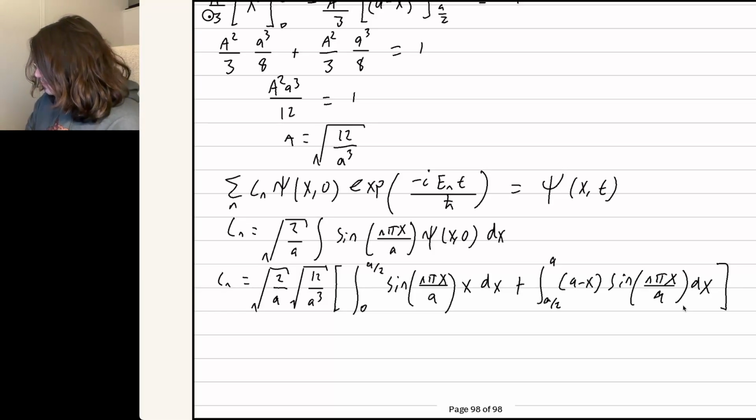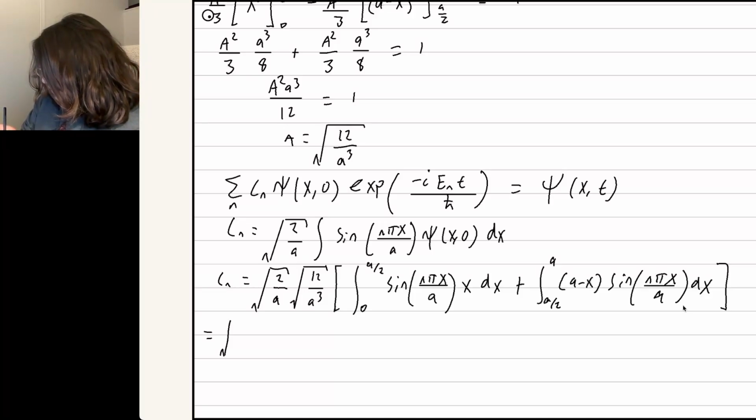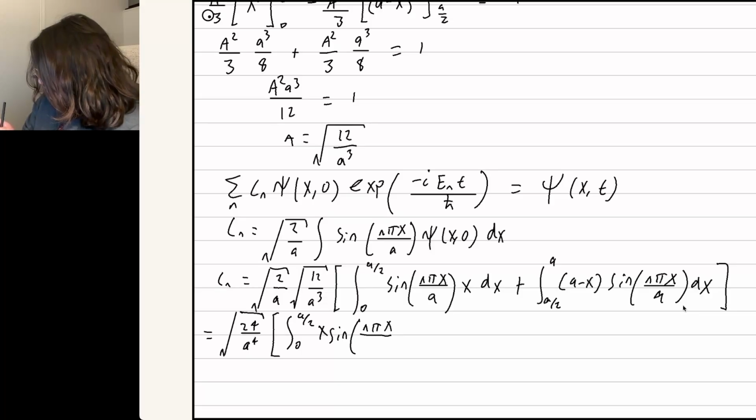Okay. First thing I'm going to do is simplify the prefactor. So it's going to be square root of 24 over a fourth. And then I'm going to split up the second integral into two integrals. So it's 0 to a over 2, x sine n pi x over a, and then plus, you're going to have one that's just multiplied by a.